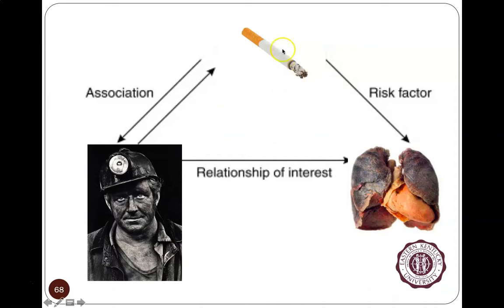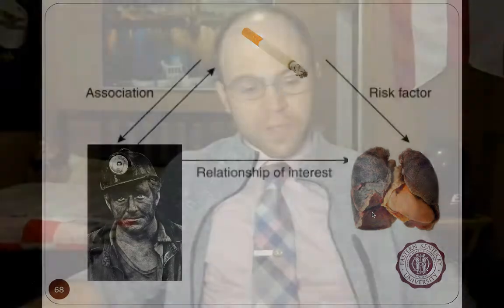And if you adjust for smoking, you may find out that mining by itself also is associated with the outcome of interest. There are statistical approaches out there that we're not going to go into too much detail on. I'll mention briefly in a few minutes approaches that allow you to see whether or not something is confounding the association.